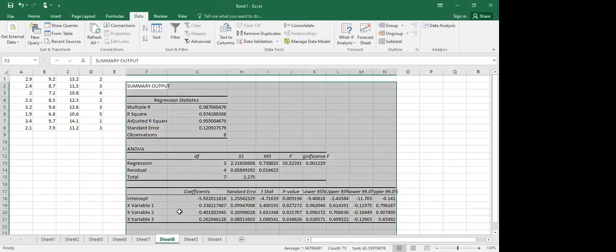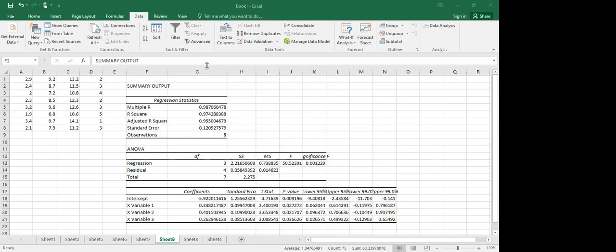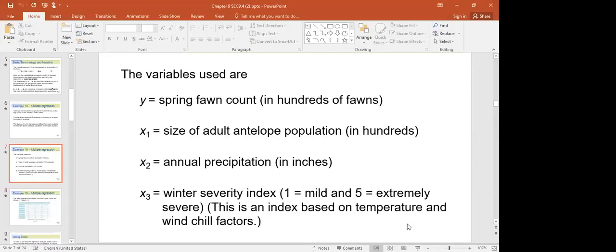The dependent variable is y equals spring fawn count. I mean, based on your own project. X1, the independent variable, is size of adult antelope. X2, annual precipitation. X3, winter severity. I just want to be sure that you know what you are doing.